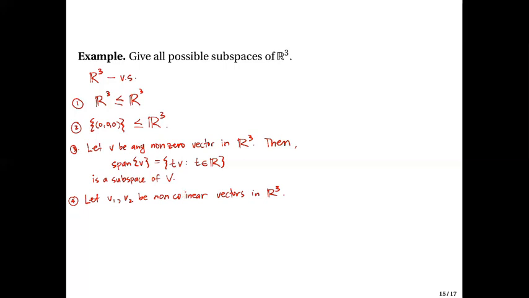Then the span of V1, V2 is also a subspace. The span will be something like T1 V1 plus T2 V2, where T1 and T2 are real numbers. So this is a subspace of R3.